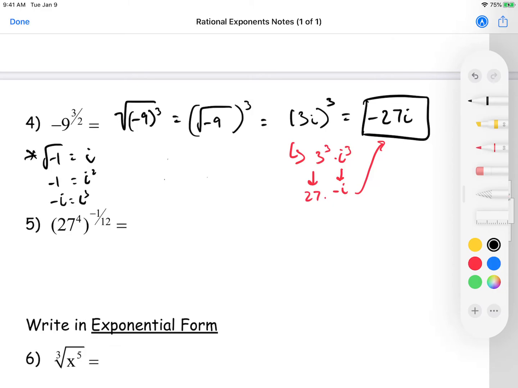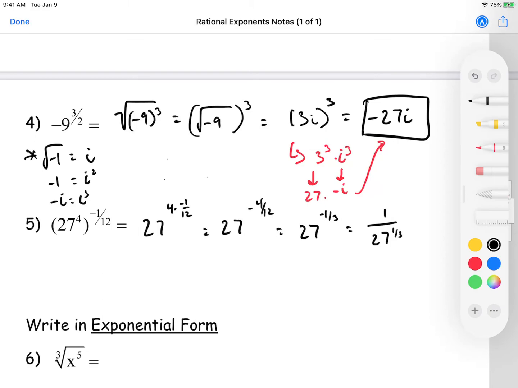So this is the same thing as 27 to the 4 times negative 1 over 12, which is equal to 27 to the negative 4 over 12, which simplifies to 27 to the negative 1 over 3. Now applying my rules, this is the same thing as 1 over 27 to the 1/3.